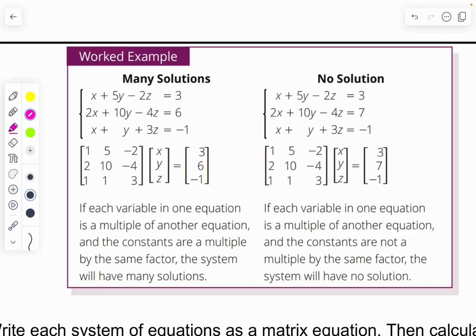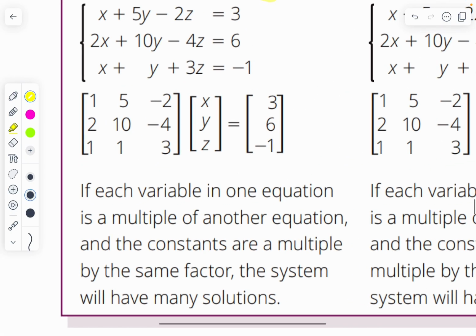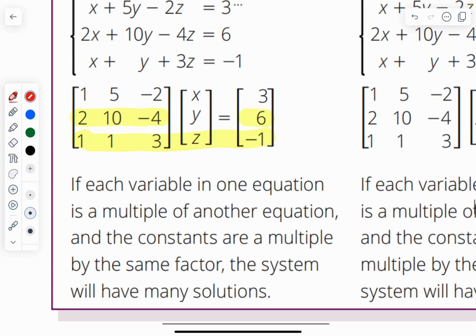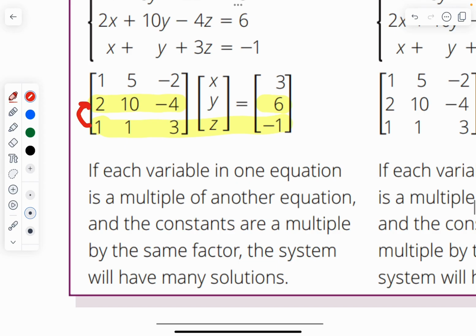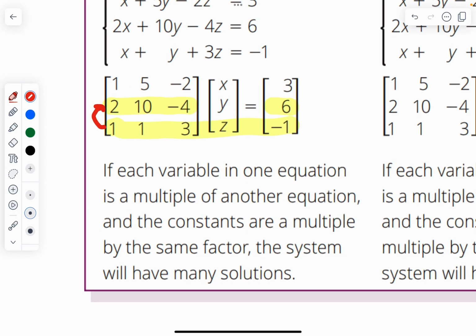So what we have to remember is this part right here. Many solutions are when you look at the coefficient matrix, and notice these two columns. To get that middle column, what happened is they took this one and multiplied it by 2. Oh, I'm sorry, I highlighted the wrong one. Let me restart that.